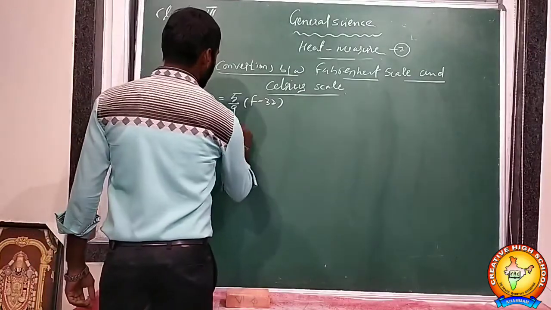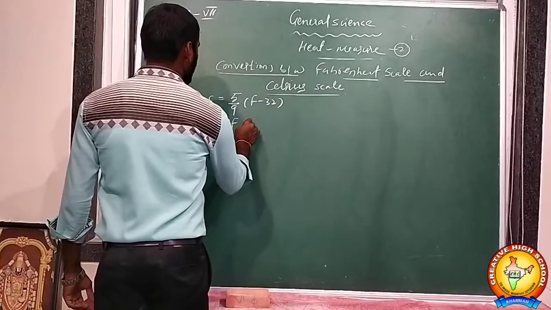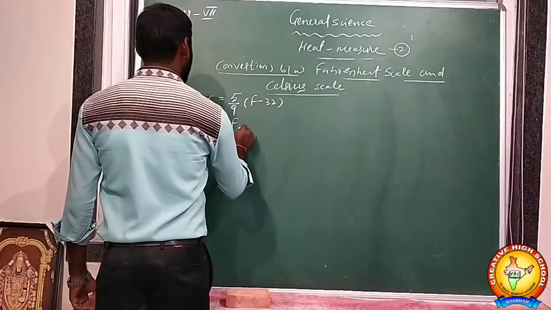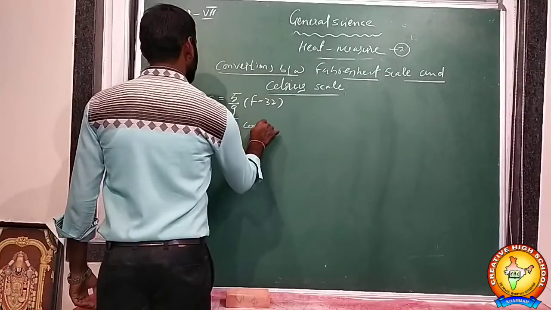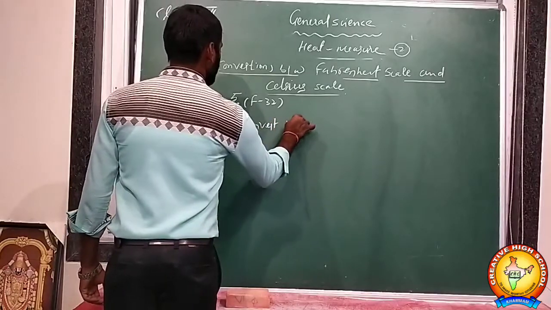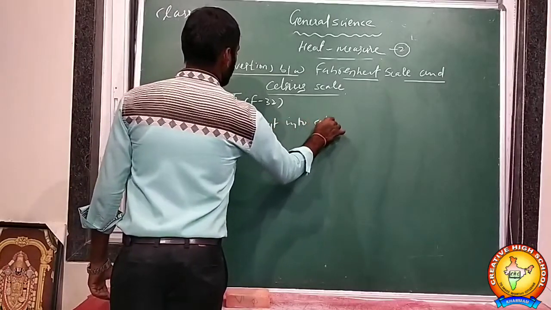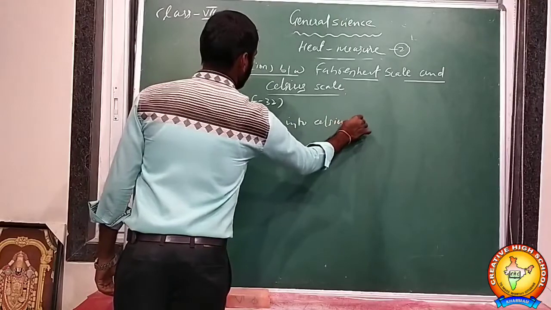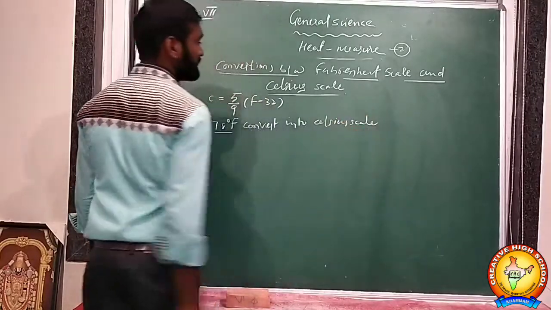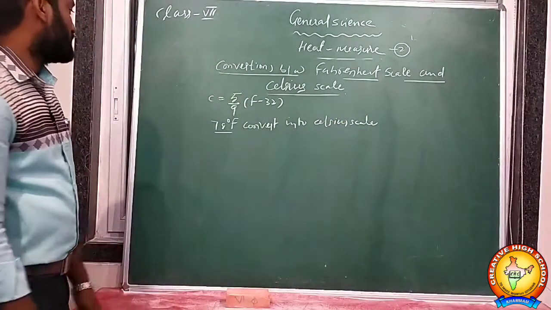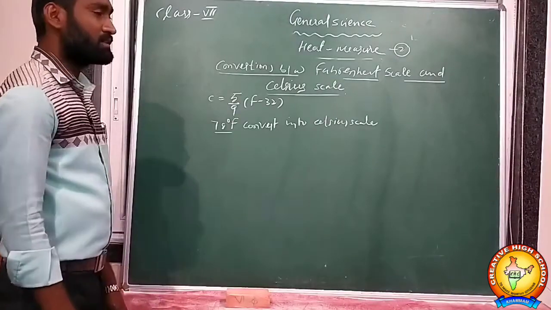Convert 78 degrees Fahrenheit into the Celsius scale.